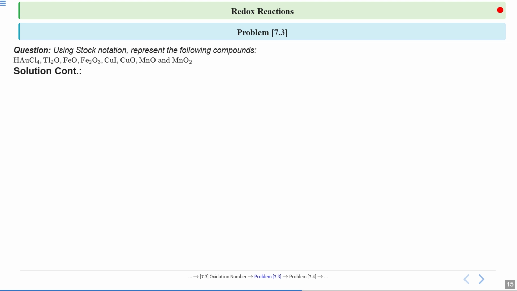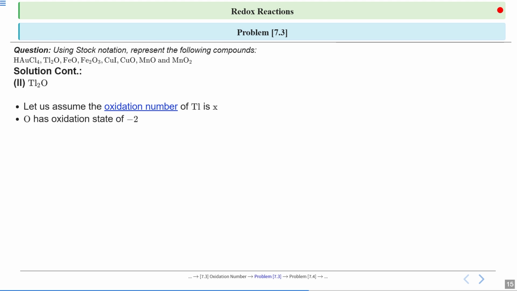Now in Tl2O, let us assume the oxidation number of Tl is x. The oxidation state of oxygen is -2. For a neutral compound, 2x plus -2 equals 0.